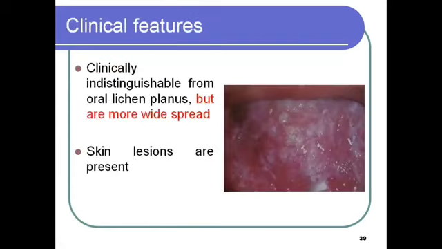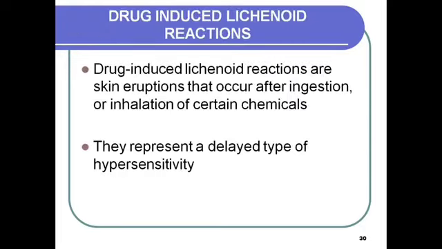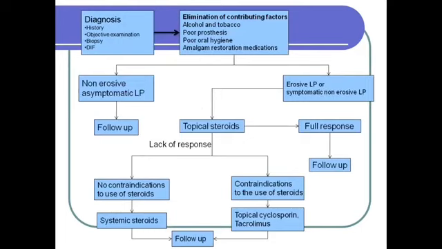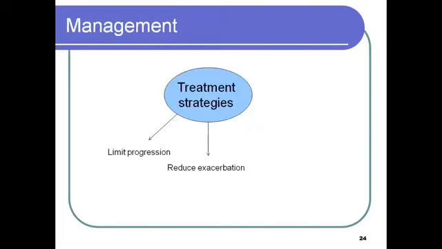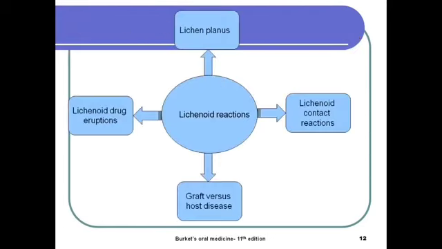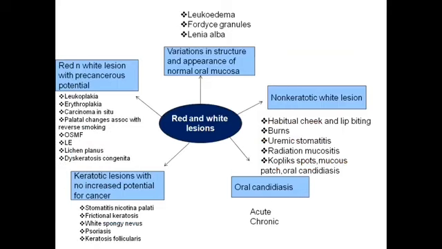So that is all about red and white lesions. It is just addressing lichen planus and its lichenoid reactions. We have various lesions in red and white lesions. We have seen the classification: leukoplakia, erythroplakia, OSMF.